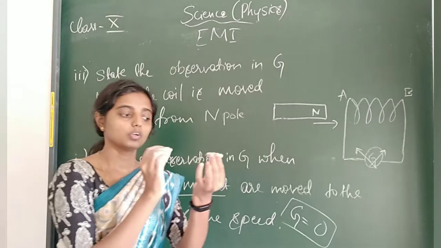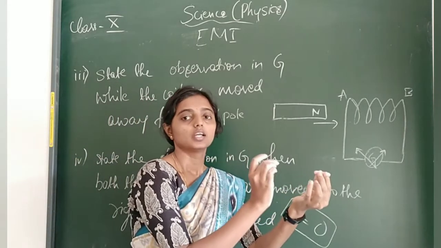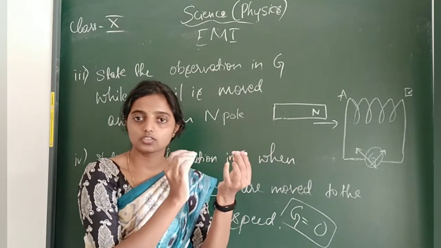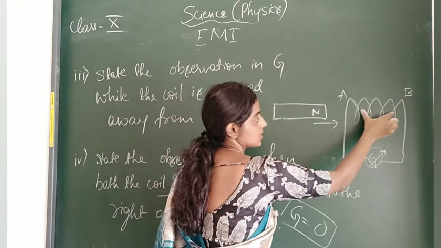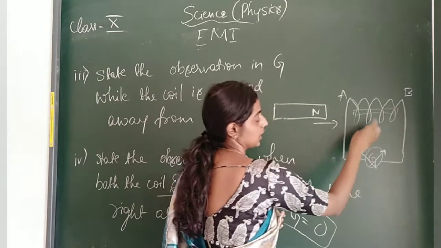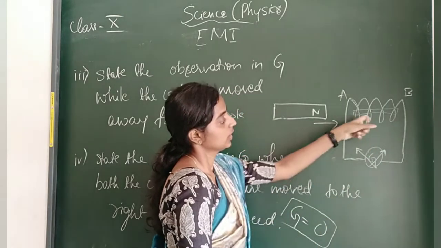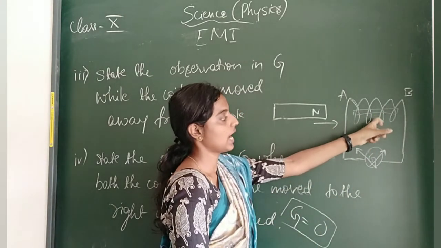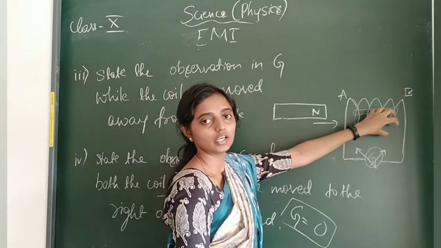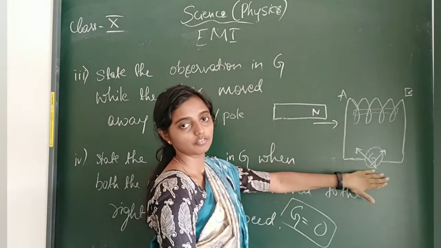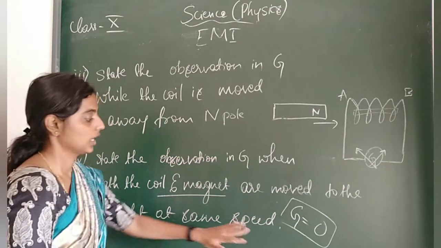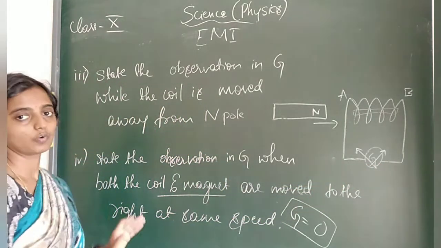When they both move at the same speed, it acts as if they are both stationary. And in the last class I told you that when the magnet comes and stays inside the coil, both magnet and coil act as stationary. When they are both stationary, we won't get any deflection in the galvanometer. And this is the answer for the fourth question.